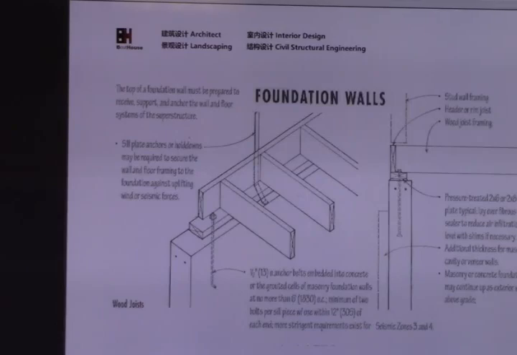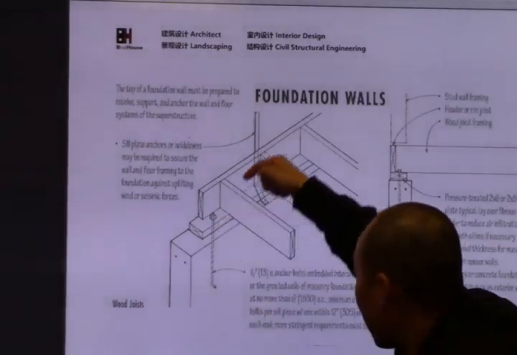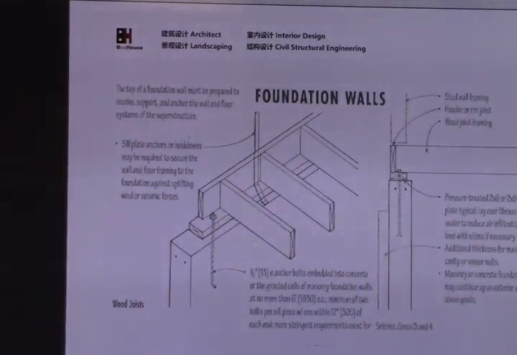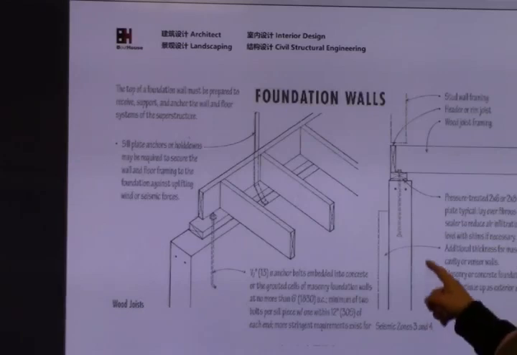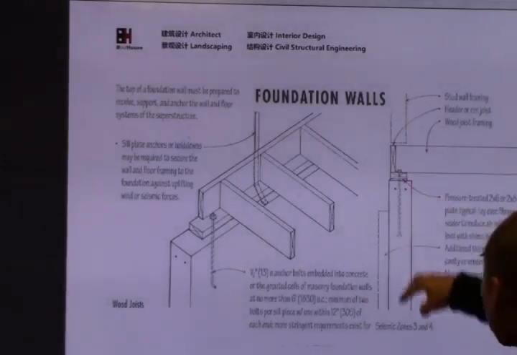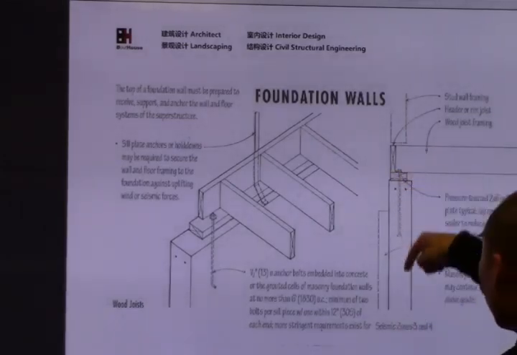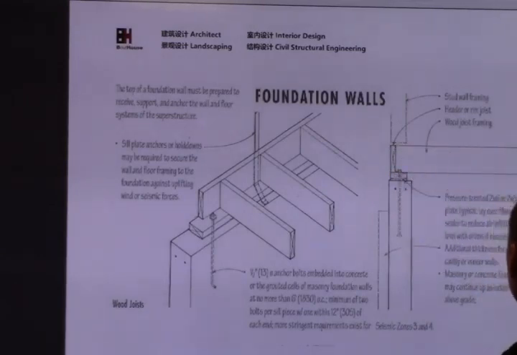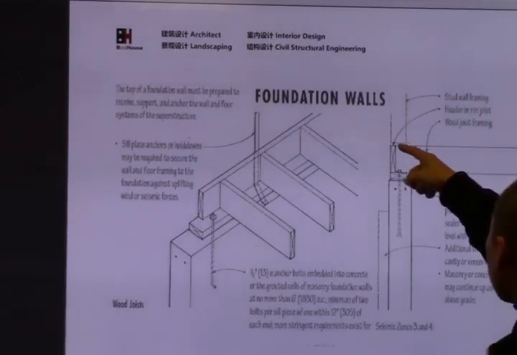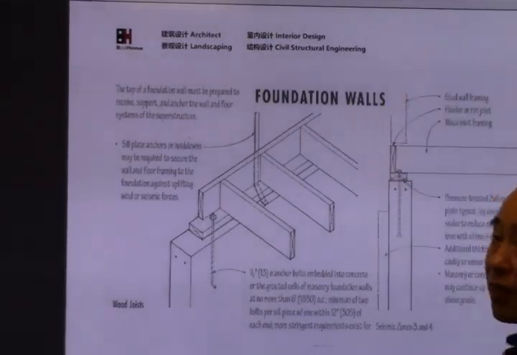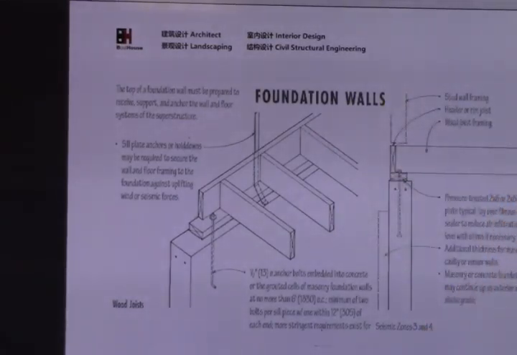There is an anchor bolt, right? The anchor bolt connects the sill plate to the concrete. We have anchor bolts for all the walls, external and inside walls. This is a typical section: concrete wall, steel plate, bolt. Then we have the joist and the rim, and they have the wall here. This is very typical.